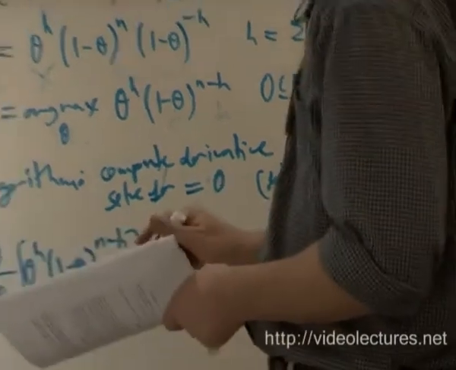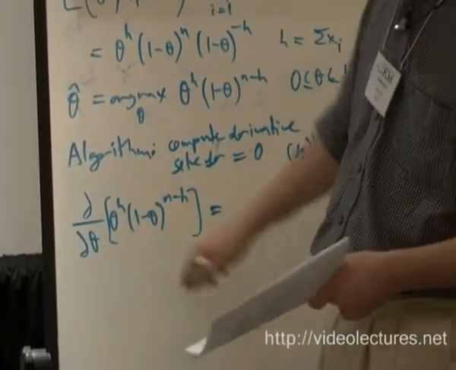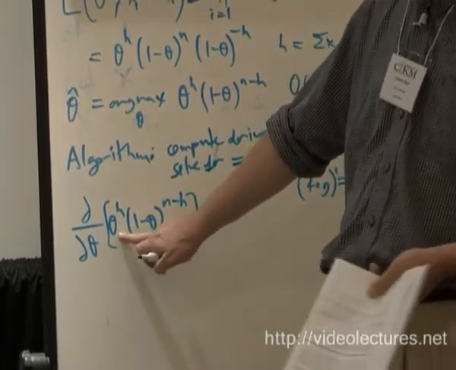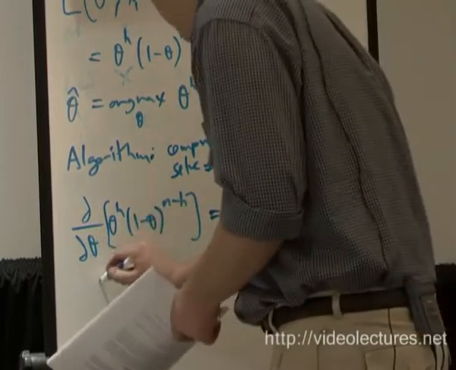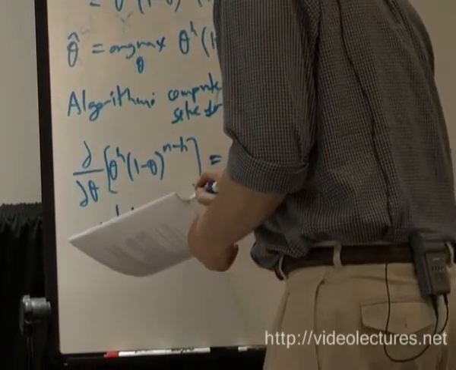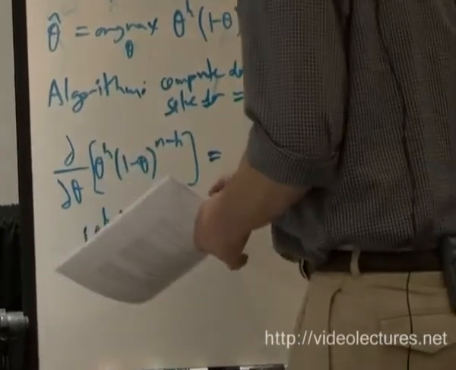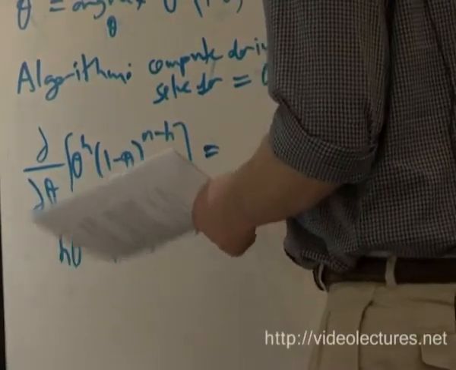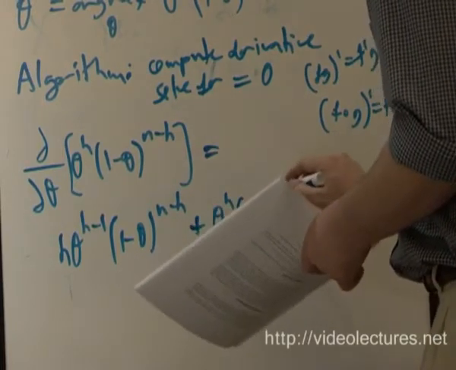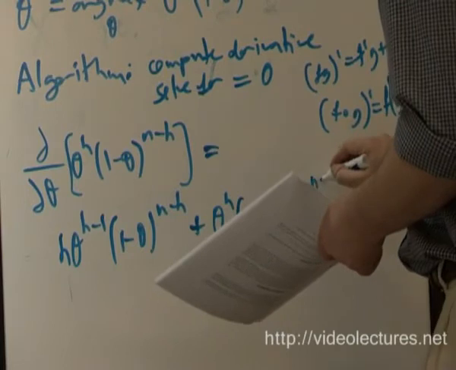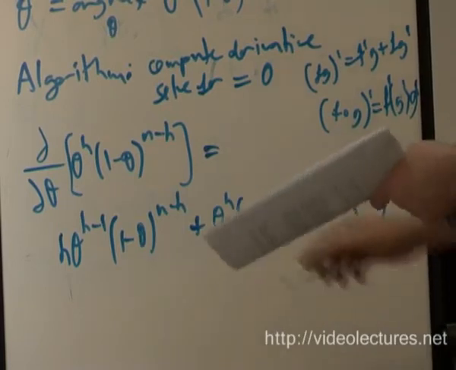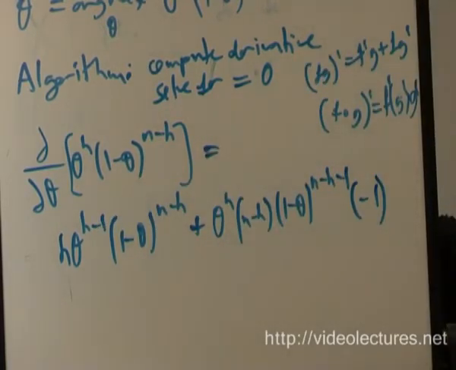So what do I get here? If I want the derivative of theta to the h, that's just a monomial, so that's h times theta to the h minus 1. So I get h times theta to the h minus 1 times 1 minus theta to the n minus h. And then here the theta to the h stays fixed, and I get n minus h times 1 minus theta to the n minus h minus 1. And then I need a minus 1 because I had a minus theta here.